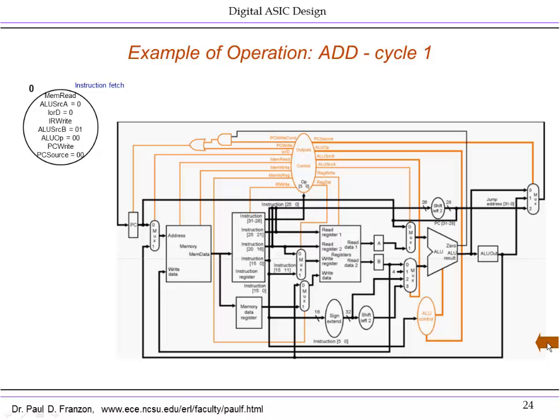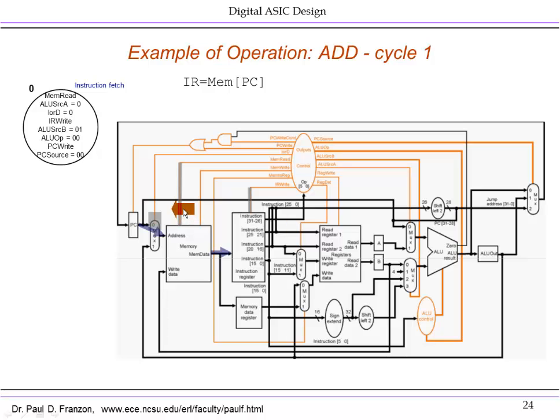This is state 0. In state 0, we fetch the instruction register. We do that by setting the control line to this mux to 0. That's the ILD, so ILD equals 0. And we set memread. We have a memread enable in this particular example.